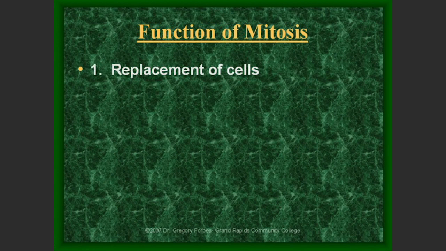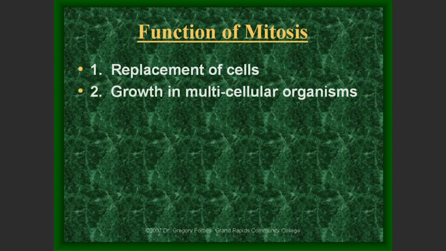And you want to replace them with the exact same type of cell that was removed during, in my example, the chewing, the swallowing process. And so we produce identical cells or clone cells through the process of mitosis. So cell replacement is a very important aspect, a feature, a benefit of mitosis.